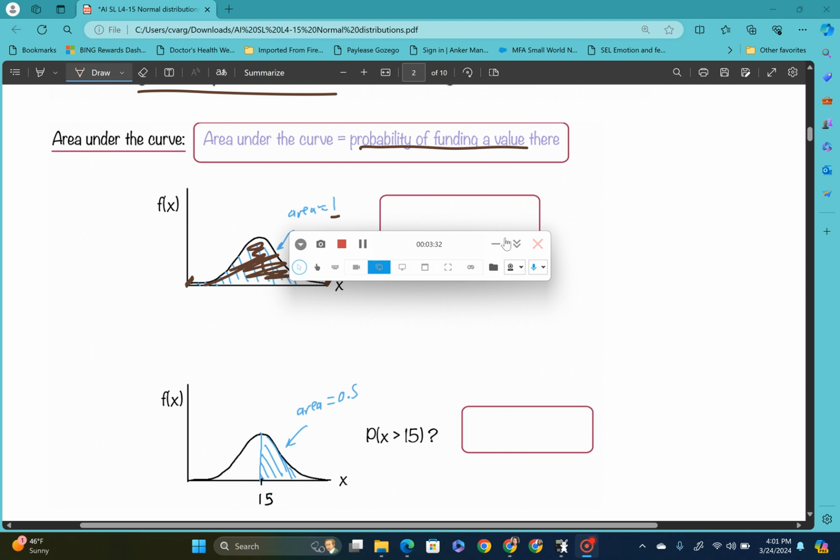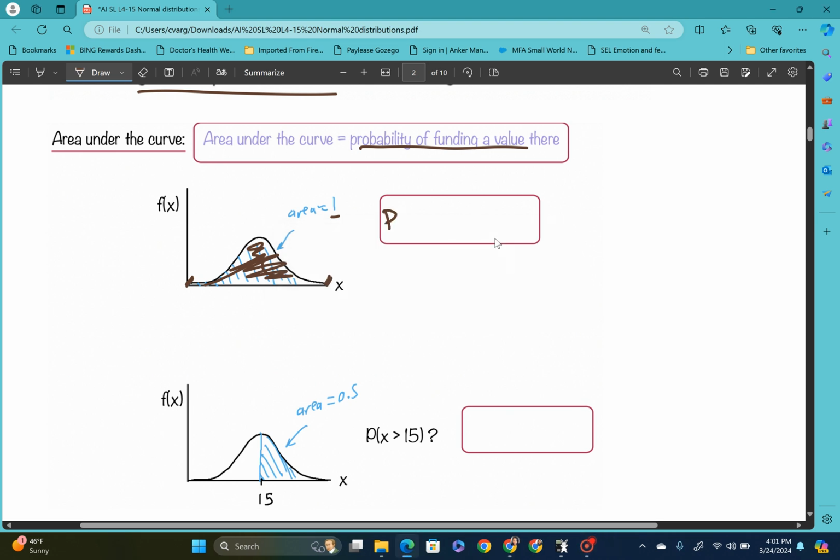So the probability of negative infinity less than or equal to x, less than or equal to infinity, is going to equal 1 whole. That's 100%, okay?